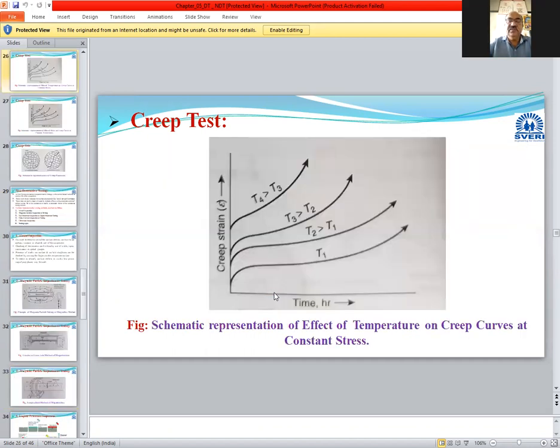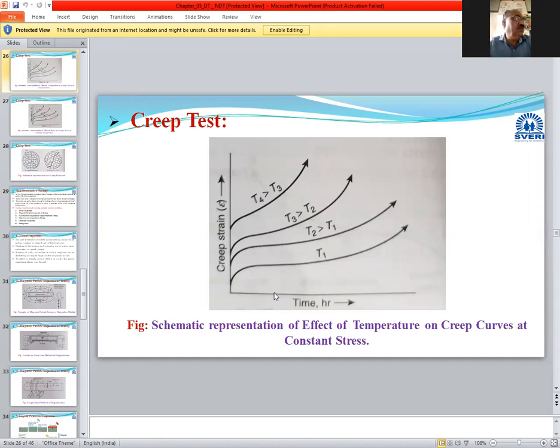Here is the schematic representation of the effect of temperature on the creep curve at constant stress. This is time, and this is strain. Here T1, T2, T3, and T4.